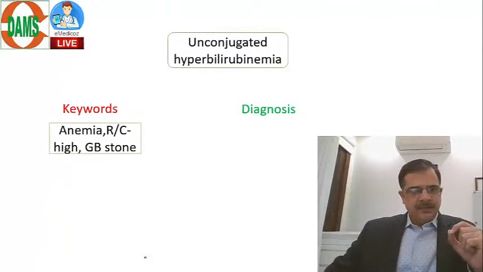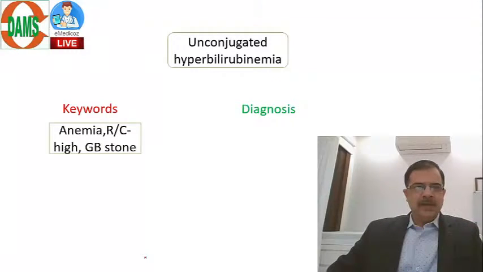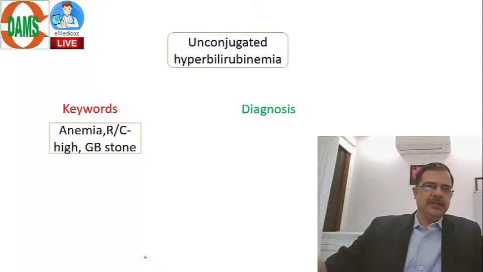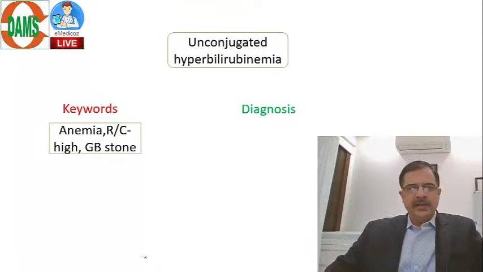The keywords given are anemia, reticulocyte count is high, and gallbladder stone is present. These are the keywords given in the clinical information.